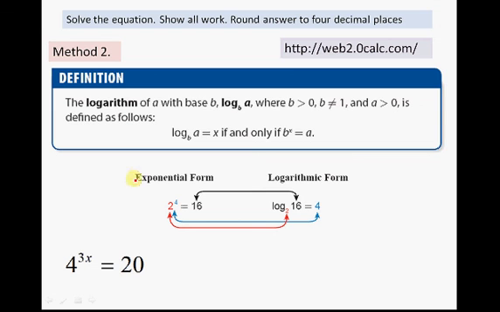And here is a nice handy graphic that displays it really well and shows you, using color-coded arrows and color-coded numbers, where each thing goes and how to go back and forth from the exponential form to the logarithmic form. So we're going to use this definition and apply it to our problem.